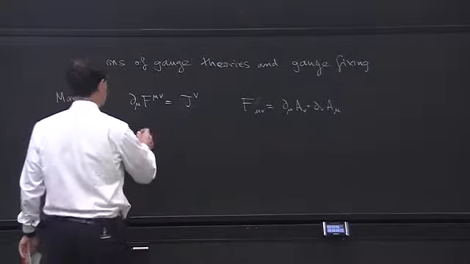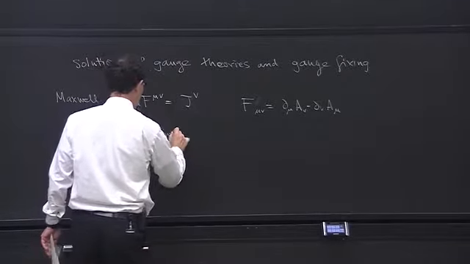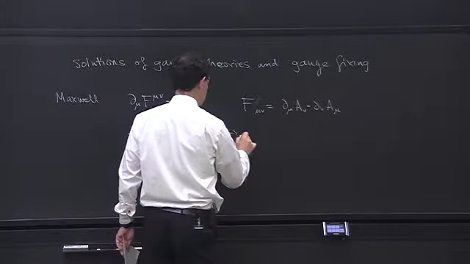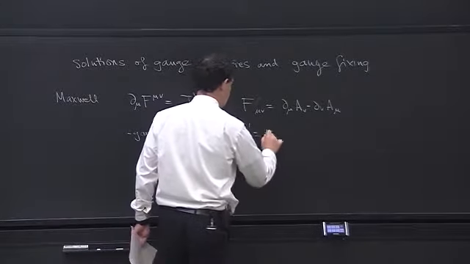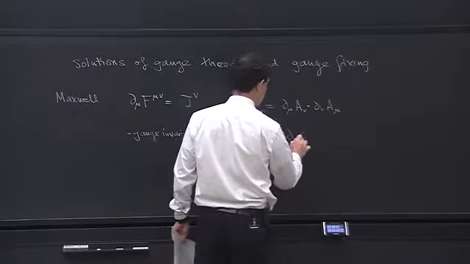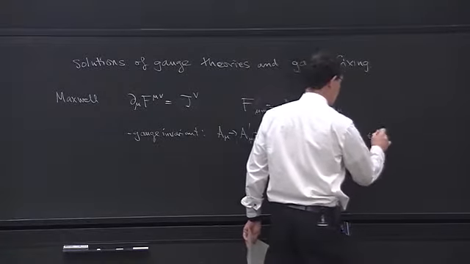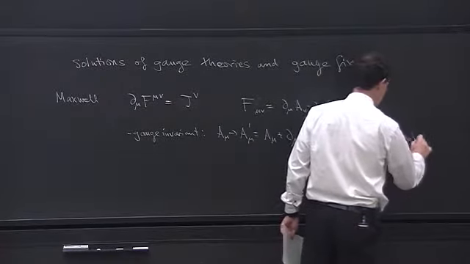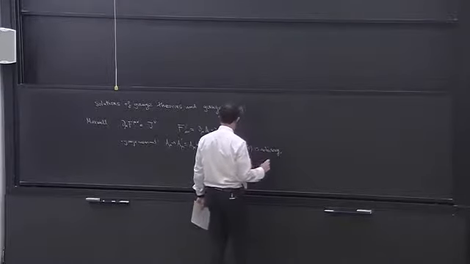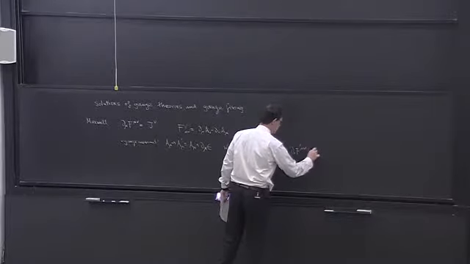Now, you'll remember that this theory is gauge invariant in the sense that if I replace A mu with A mu prime, which is A mu plus the derivative of some function epsilon, where epsilon of x is arbitrary, then d mu F prime mu nu is still equal to j nu.